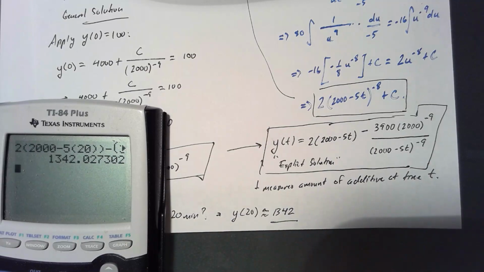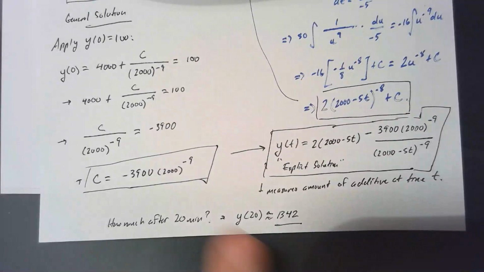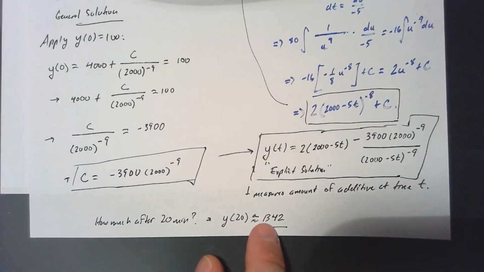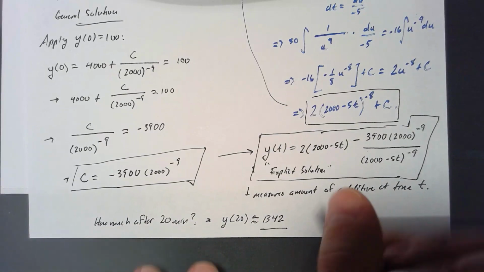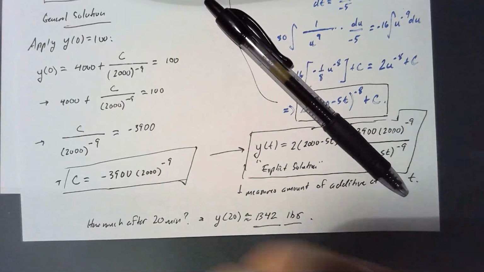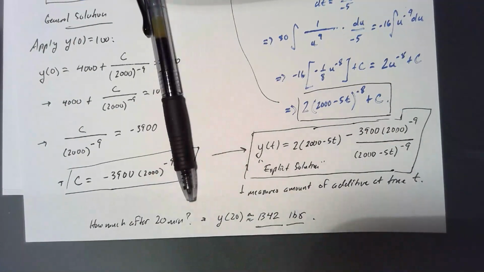So that's how much additive after 20 minutes when the pumping process starts. Roughly 1,342 pounds. Oh boy. So yeah.